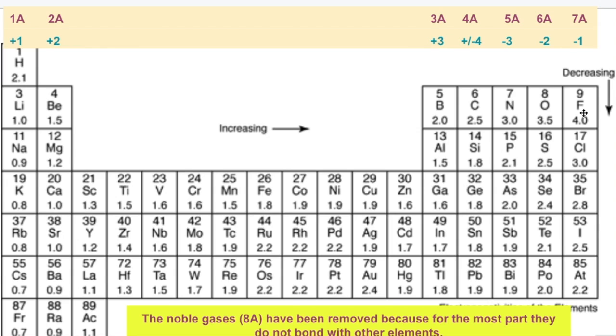If I had fluorine and boron, fluorine has -1, boron has +3, so I would need 3 fluorines in order to accept the 3 electrons that boron is going to give away. Okay, so that's just an example of how you can use the valence or the oxidation number in order to determine what your chemical formula is going to be.